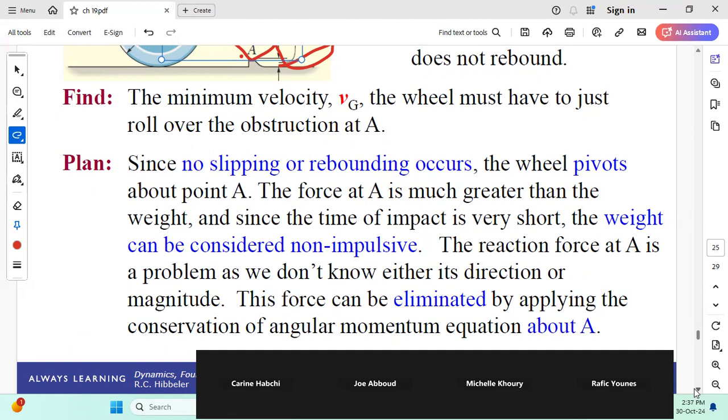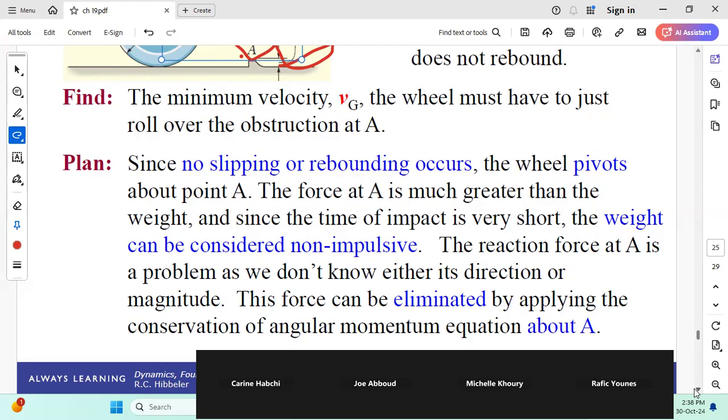We don't know delta T. Because delta T is really small, forces like the weight, which are not directly affected by the load, can be considered to have negligible impulse.